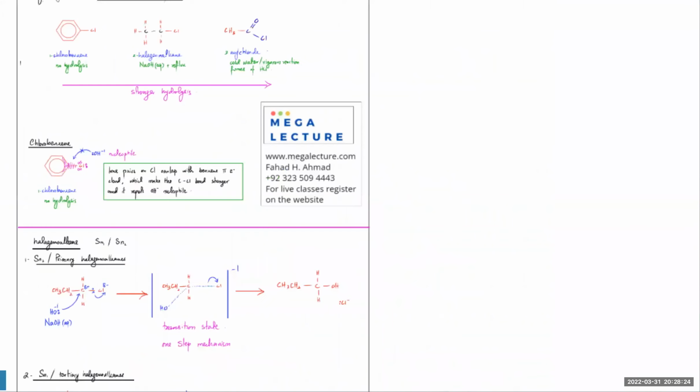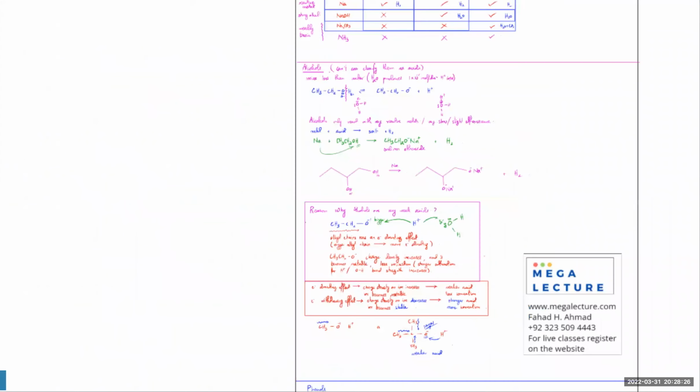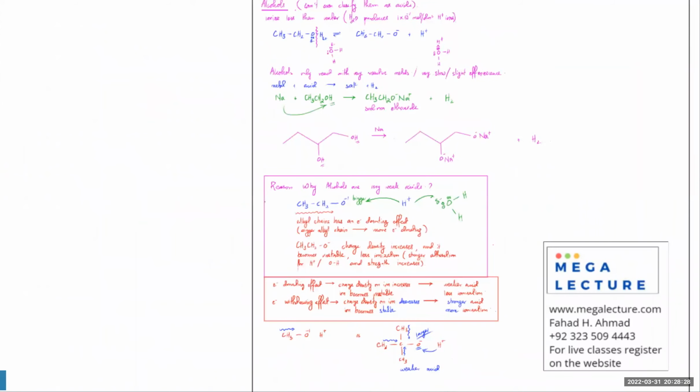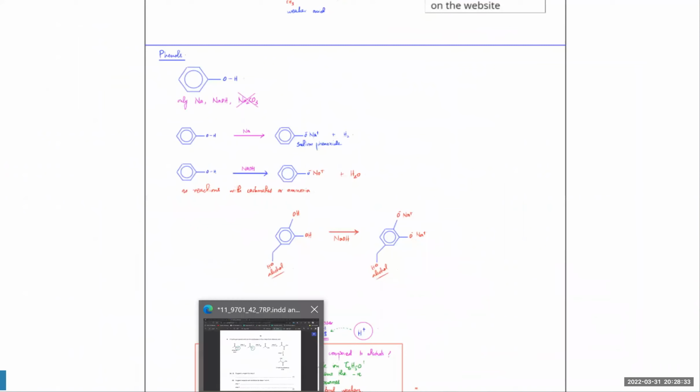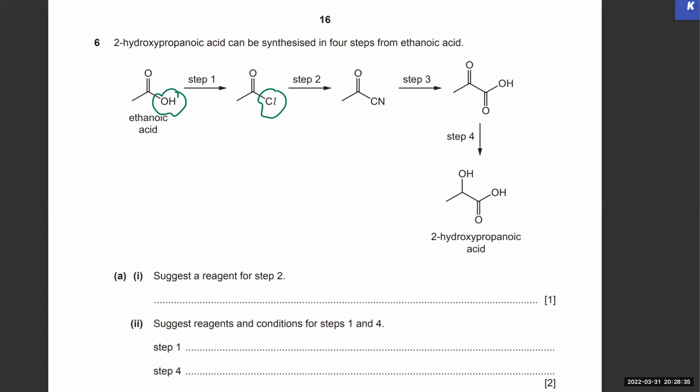So acylation is simple. You just add PCl5 or SOCl2 to it. You can either add PCl3 plus heat, or you can have SOCl2 plus heat. In all cases, the OH gets substituted by Cl.